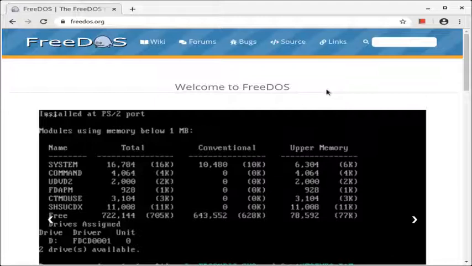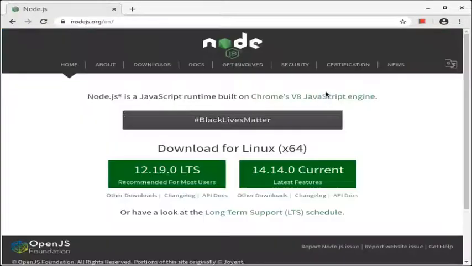And there is also a WebAssembly executable for Node.js, and it should run wherever recent versions of Node.js run.